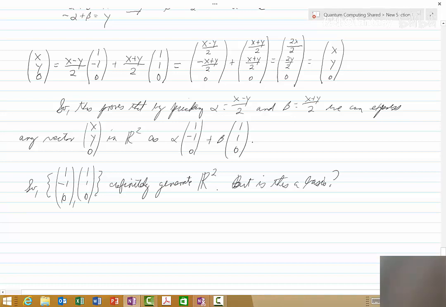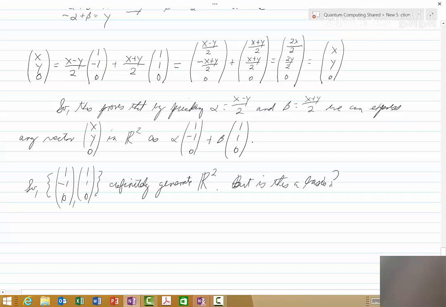And the answer is yes, because if we took either one of these vectors away, like if we took this vector away, then we just get all multiples of this vector, which would be a straight line. In fact, it's the line y equals negative x and z equals 0. And on the other hand, if we take this vector away and just look at all multiples of this, we get the line y equals x and z equals 0.